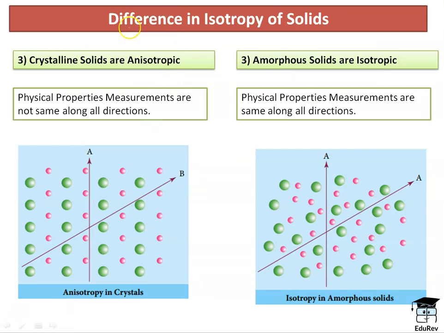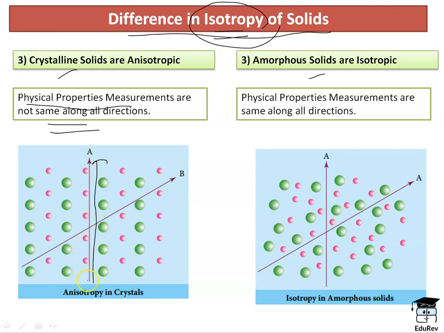The next property is the difference in isotropy between crystalline and amorphous solids. But first, let us understand what exactly isotropy is. Physical properties, when measured in different directions, give some value.